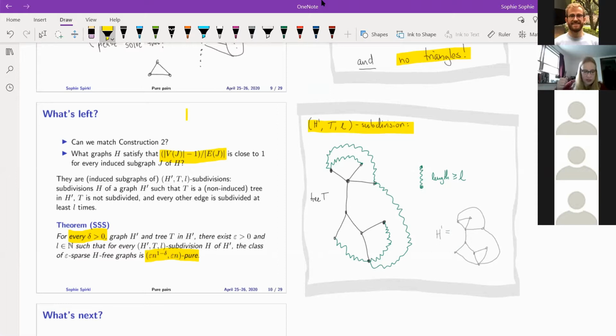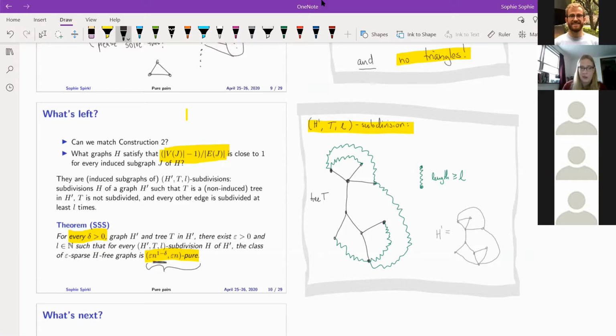But now the construction tells us that this bound, the amount we're away from linear, is very small. Said more carefully, now we should be able to get pure pairs where maybe we don't write linear on each side, but we write n to the 1 minus delta, where delta is very tiny, because we subdivided it lots of times, and so the construction is not very strong.